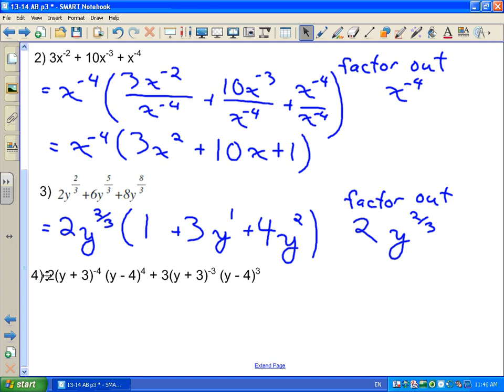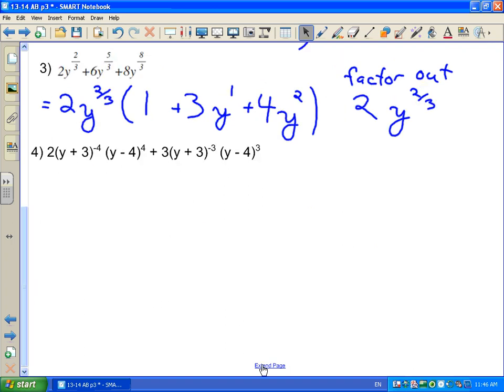Last type here. Okay. Then I'll give myself a little bit more room. Now our common factors in our terms are binomials. So we want to factor out, again, the lowest power of each binomial.